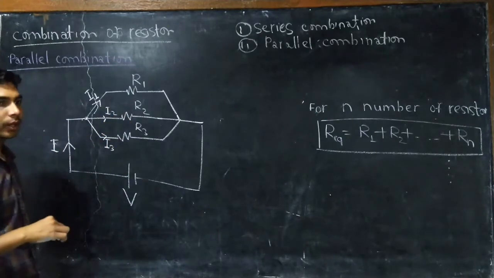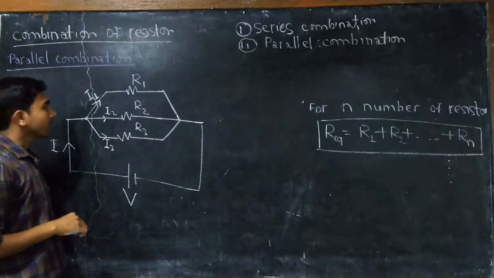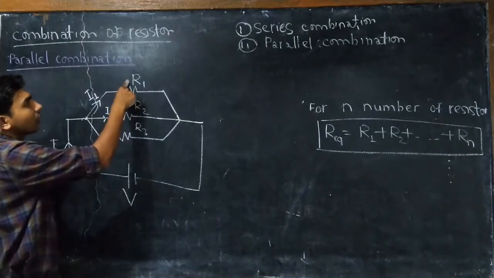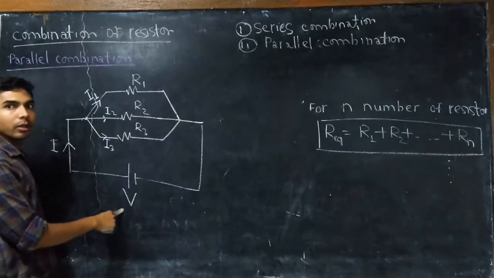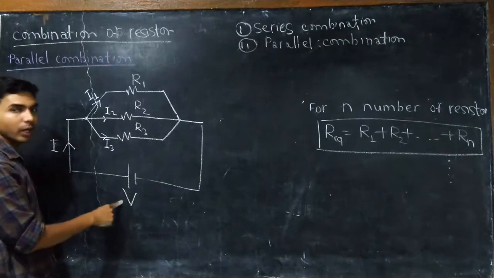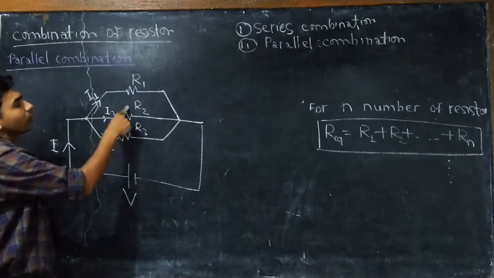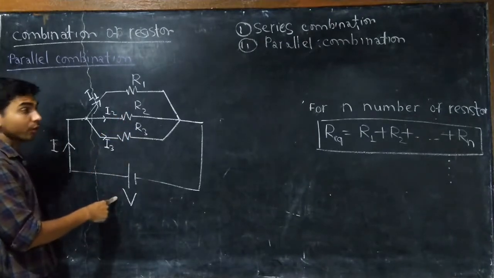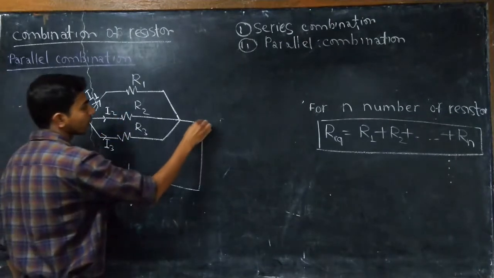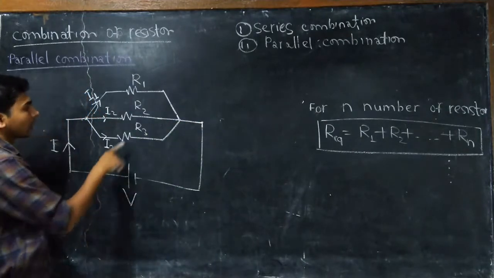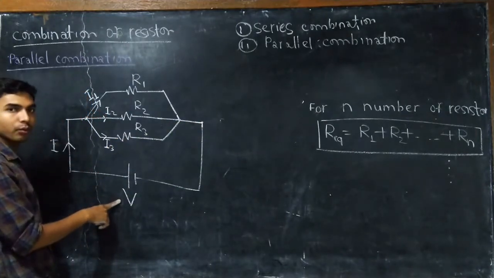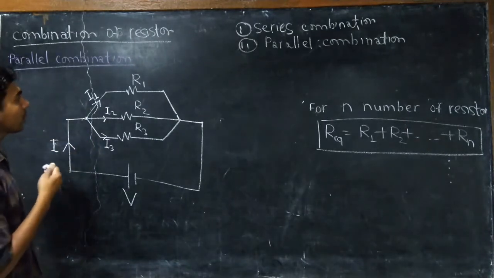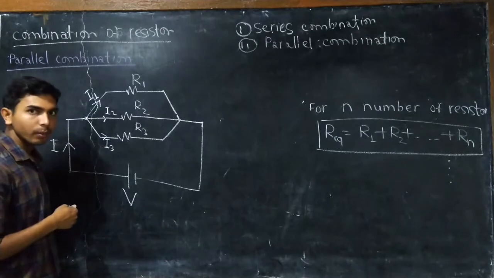Now you can see the potential drop across R1 is V, because R1 is connected across a battery of potential V. Similarly, the potential drop across R2 will be V, because this one is also connected to a battery of potential V. And R3 is also connected to a battery of potential V. So you are able to see that the potential drop across each resistor is the same, right?